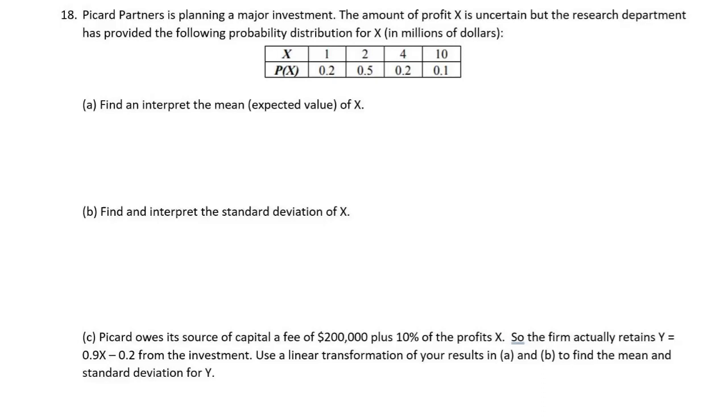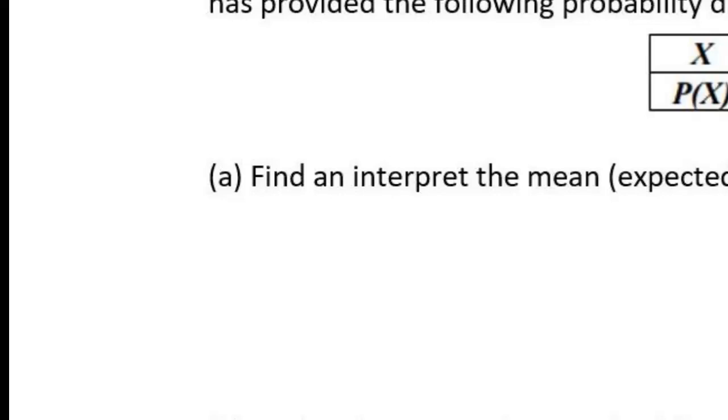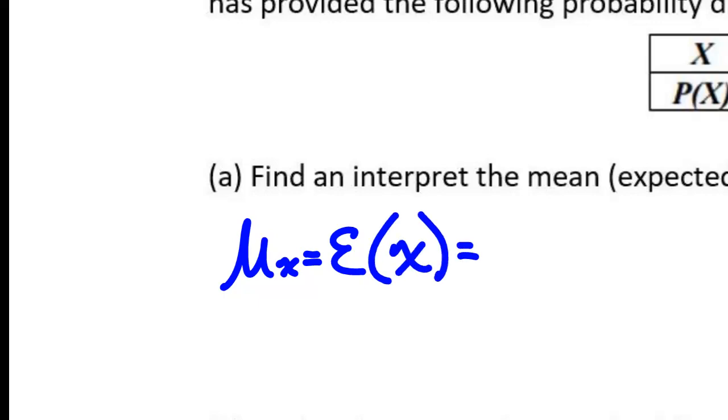If you look on your yellow page for how to calculate the mean, it has this horrible looking formula. It has mu x equals E(X), that just means expected value.